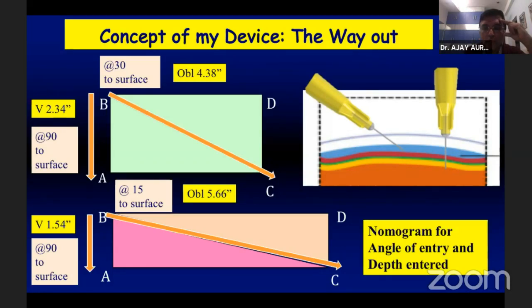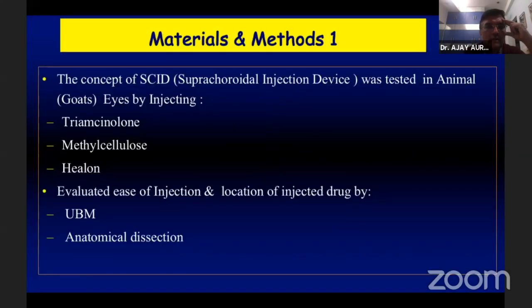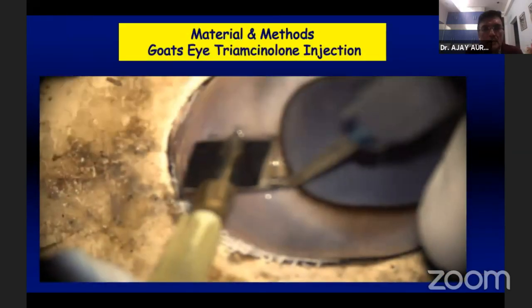So we created a nomogram of the angle of entry. We did some animal studies, done on both sides, where we injected methylcellulose Healon and evaluated it on the UBM and after anatomical dissection.